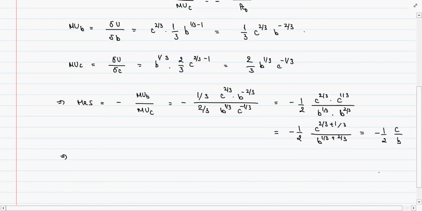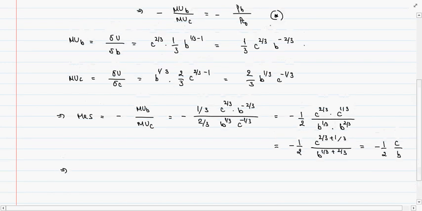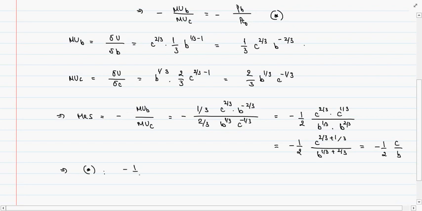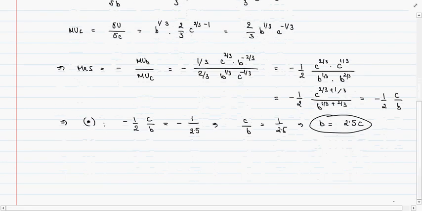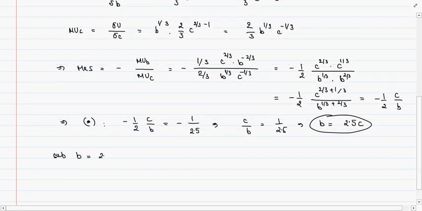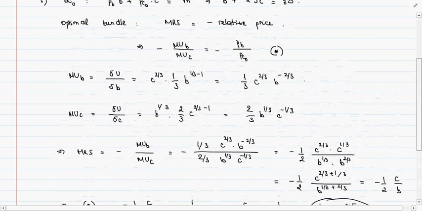Therefore the optimal condition here, I would say this is the star condition, will become half of C over B equal to the relative price ratio, which is negative PB is 1 and PC0 is 2.5.